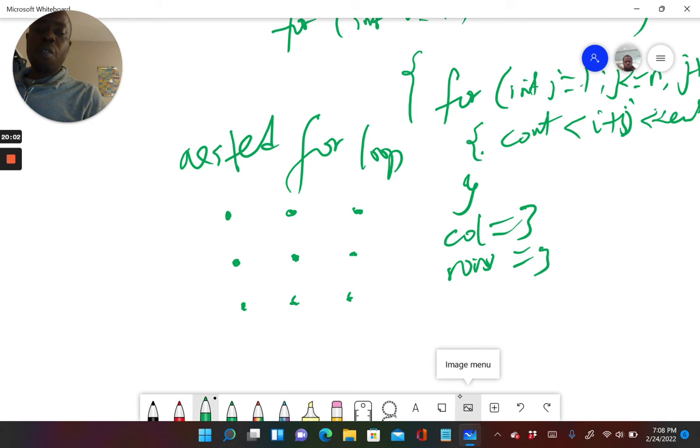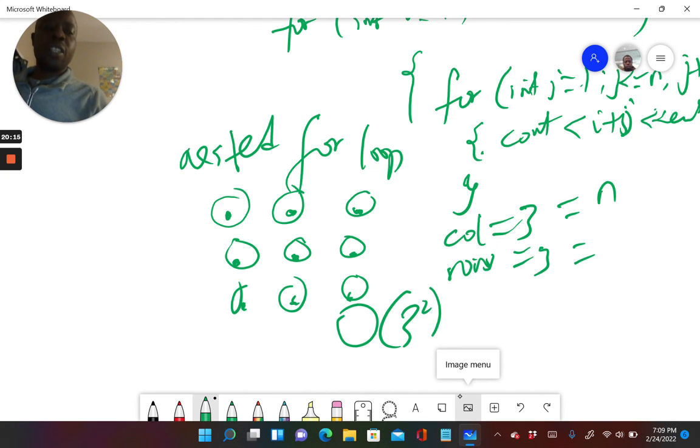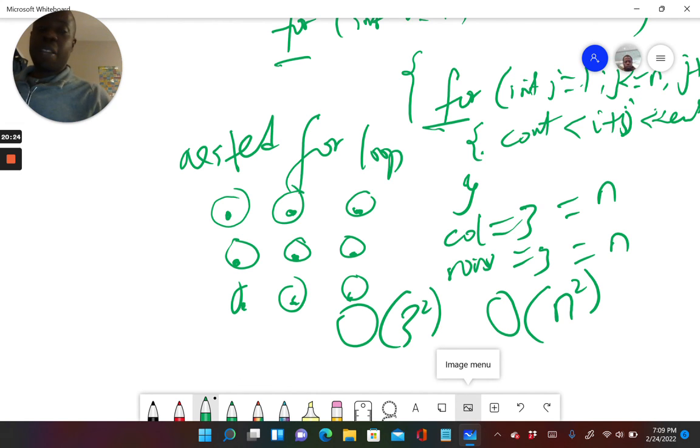So you have to consider all the items, 3, 4, 5, 6, 7, 8, 9, which is order of 3 squared. So if this is n and this is n, then for a nested for loop, the order is what? O of n squared. I'm just explaining that.